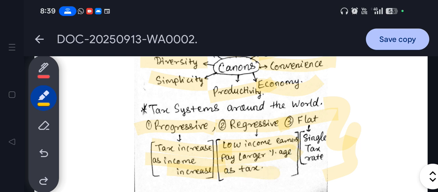Regressive, in the sense, when tax is increased depending upon the increase in income, we can say it is progressive. But when income is constant, but based on market conditions the taxes keep on increasing from time to time, then that is known as a regressive tax.